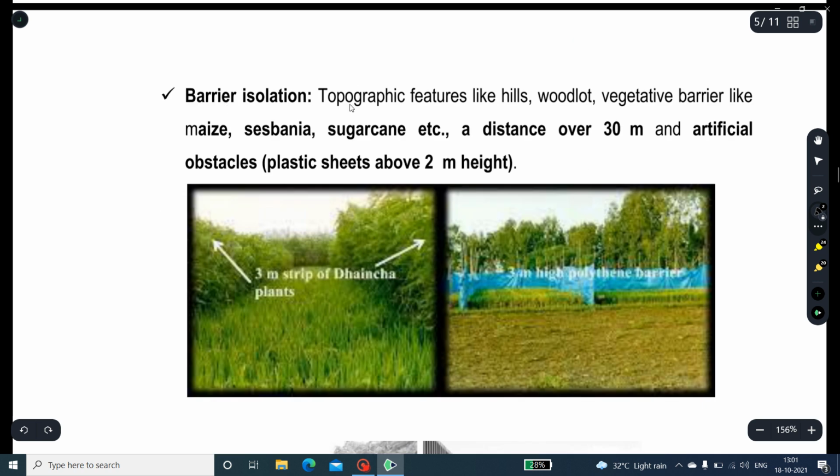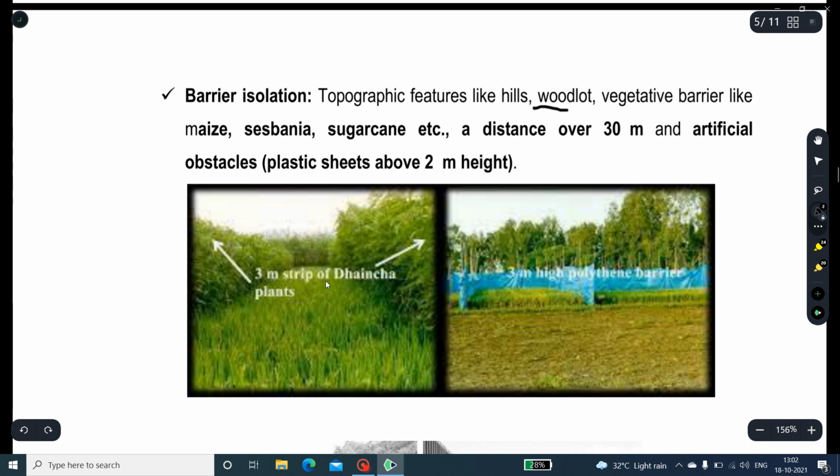The barrier isolation deals with topographic features like hills, woodlots, or vegetative barriers like maize, Hispania, sugarcane. These are tall plants. It covers a distance over 30 meters, and artificial obstacles like plastic sheets about 2 meters in height, and this is a distance over nearly 1 foot to 2 feet.